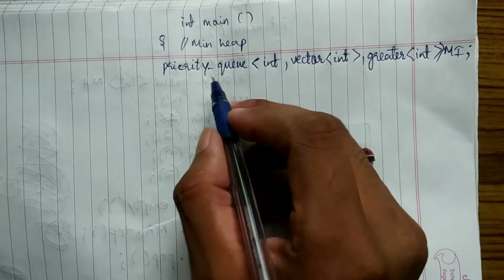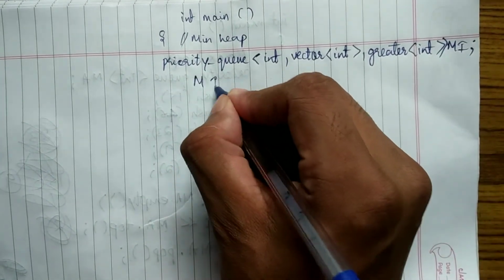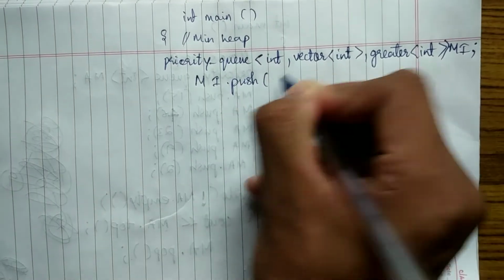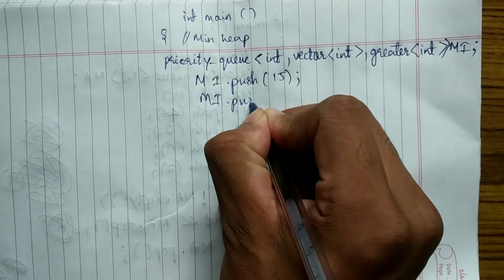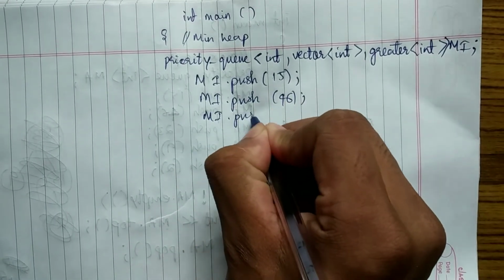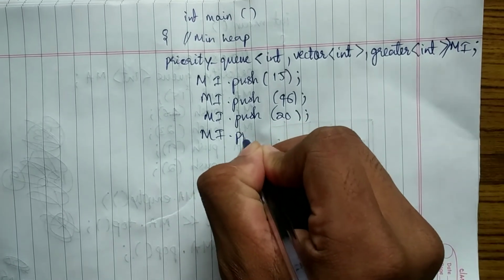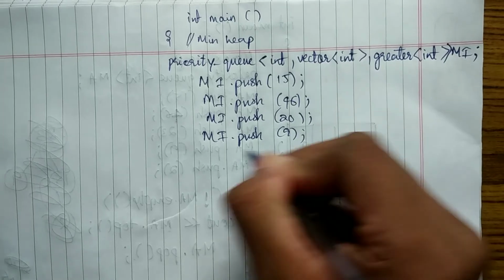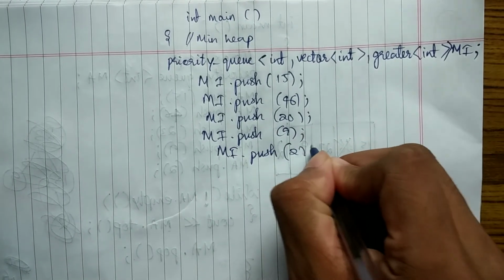Okay, this is how we declare it. Then let's push the same elements which we took for the max heap. mi.push of 46, mi.push of 20, mi.push of 9 and mi.push of 2.